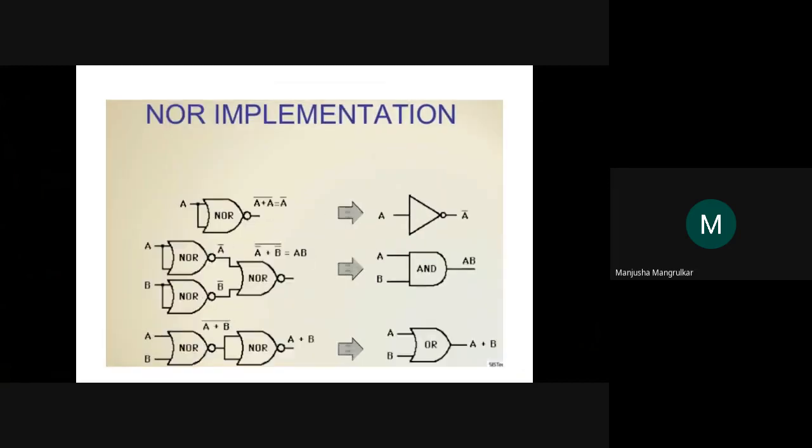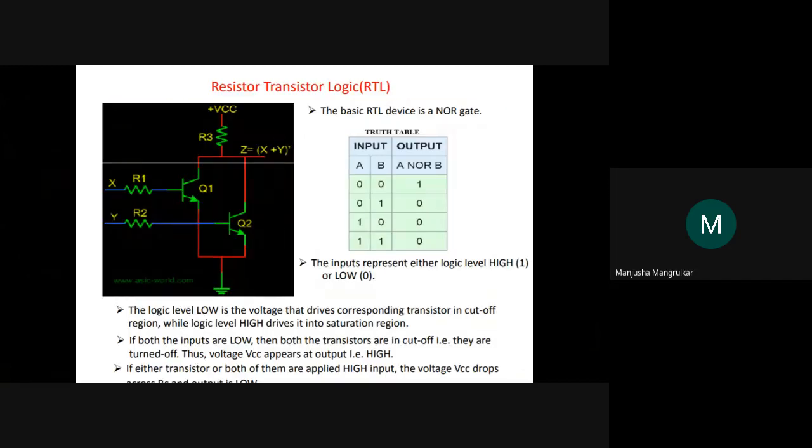Now we'll first see the resistor transistor logic family. Most logic circuits are defined with a NOR gate or a NAND gate, because NOR and NAND are universal gates. By using a NOR gate or NAND gate, we can design the basic gates.